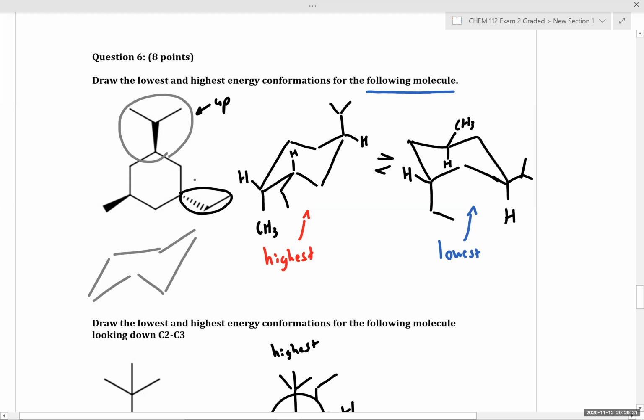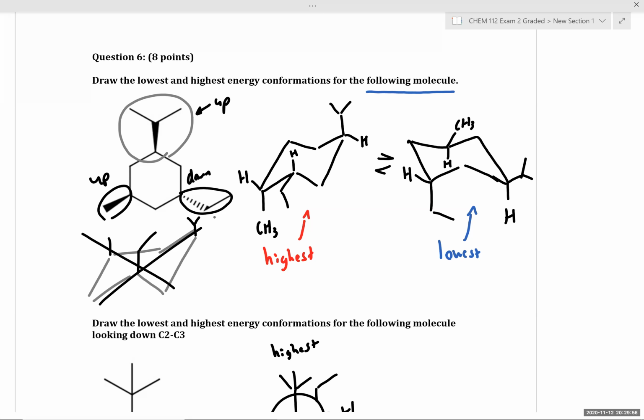And this group is pointing down, the ethyl group is pointing down, and the methyl group is pointing up, right? So there's no way, even if I wanted to, for me to draw something that looked like this, for example. There's no way for me to draw all of these groups axial up, because the stereochemistry in my molecule does not have them all pointing up.